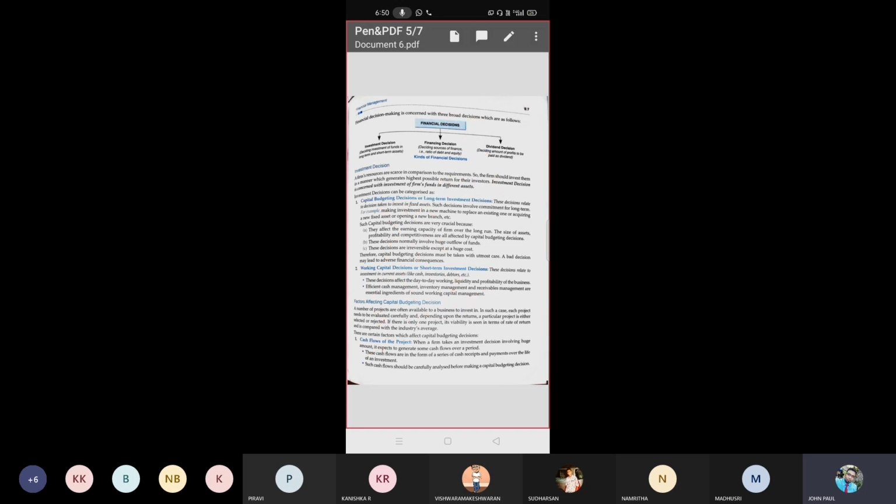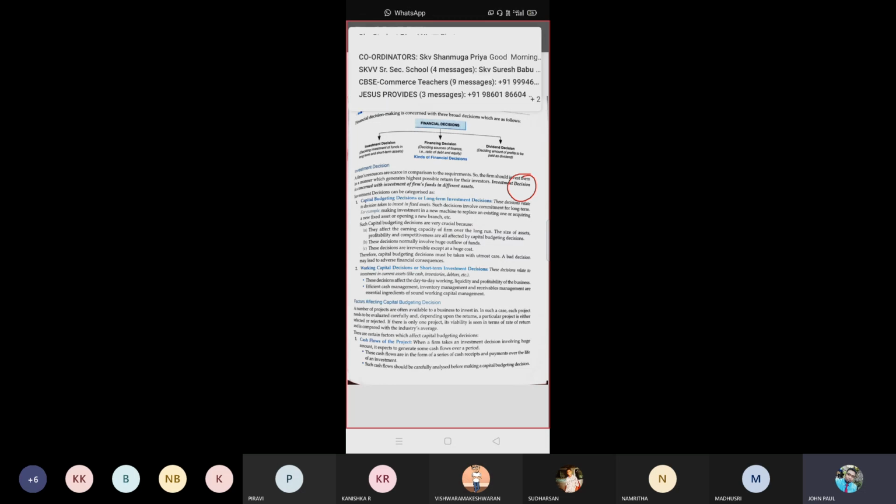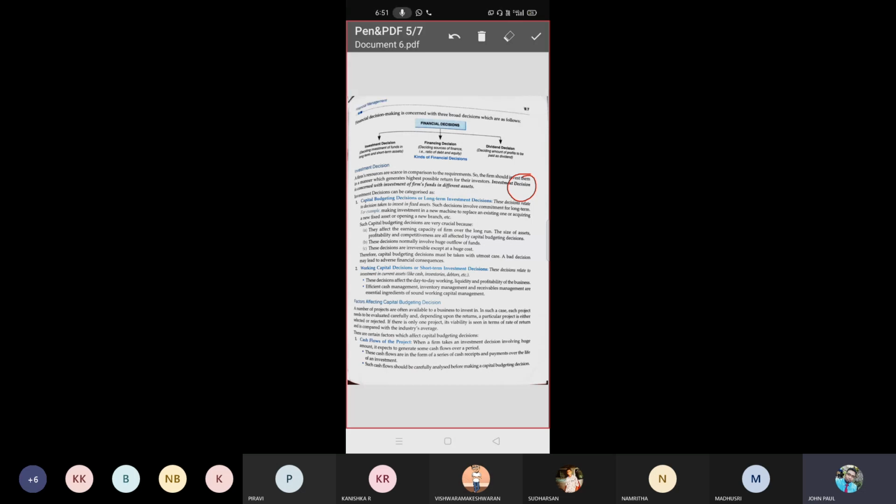The only reason is that we need to maximize our wealth. So the decision which involves investment, and which involves maximizing the company's assets, is called an investment decision.